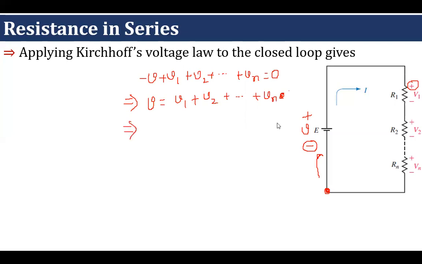The value of V is equal to plus E, capital E. Why is it plus E? Because this positive sign is towards the positive plate of the battery, and that's why it will be plus E. How much will the value of V1 be by using Ohm's law? The current I is passing through this resistor, and it is starting with the positive sign of the voltage measurement, so the value of V1 will be equal to plus I into R1.